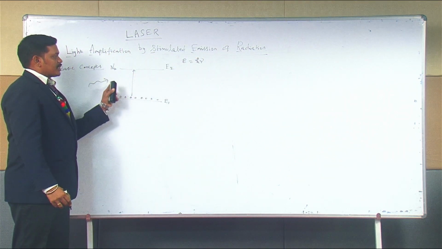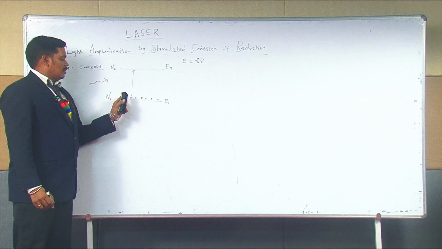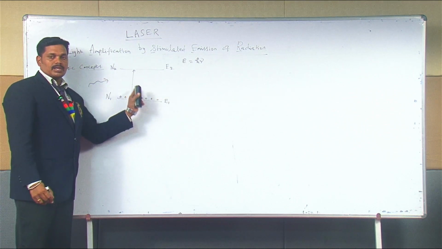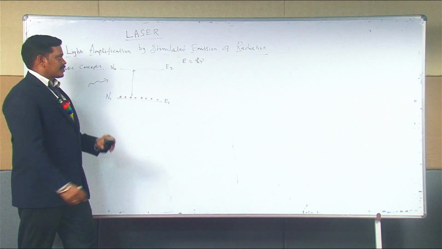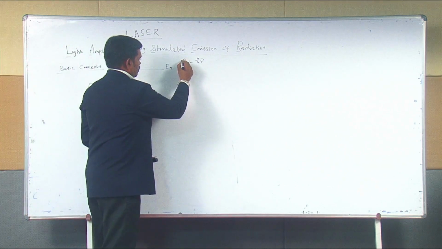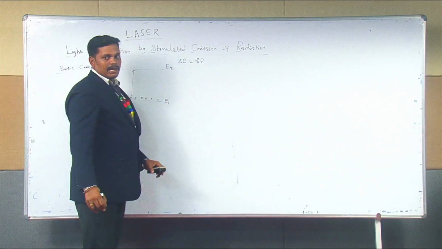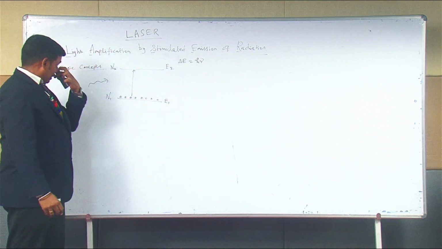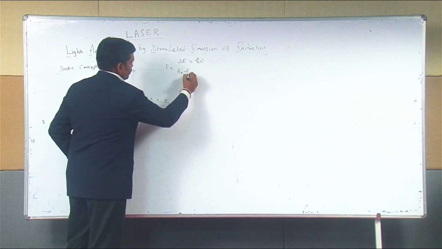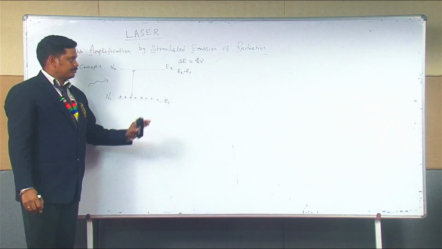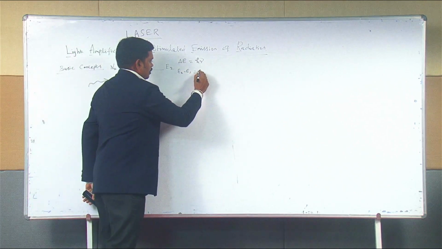When it is triggered by some external photon, not all the atoms present in the ground state absorb the external photon. There is a condition: del E equal to h nu. The del E is nothing but the difference between two energy levels, E2 minus E1, which is equal to h nu.